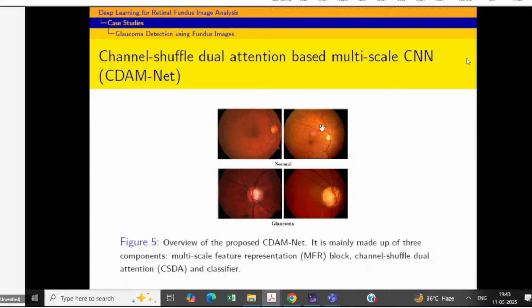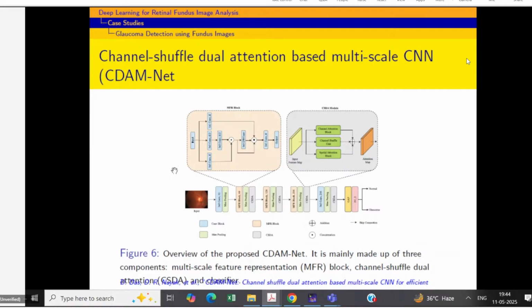That is why it is better to have a deep learning model which can extract patterns that are minute. So we have developed something called a channel coupled dual attention based multi-scale convolutional neural network, and this is how the network looks. If you look at this architecture, it initially contains some stem layers, a few convolutional and pooling layers, to reduce the dimensions of the feature map.